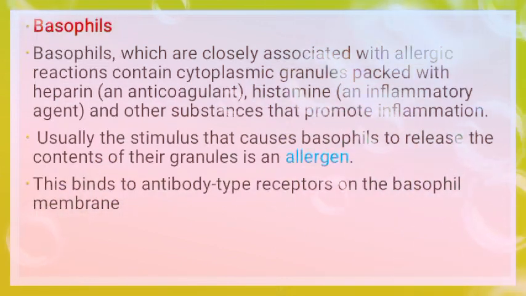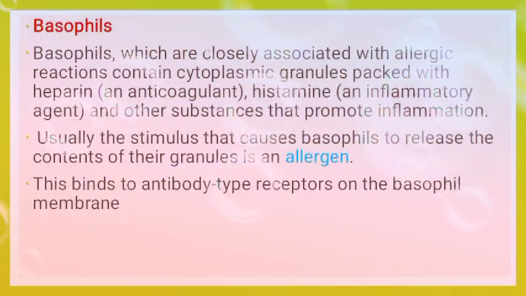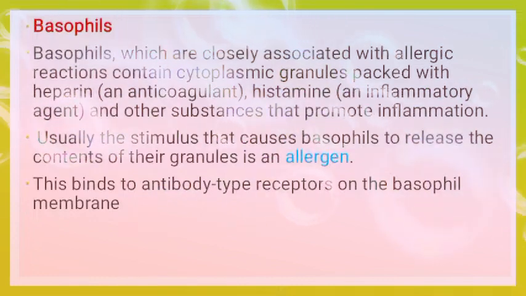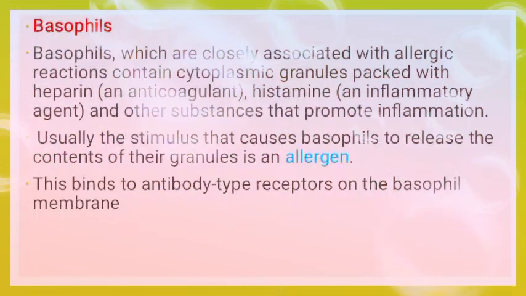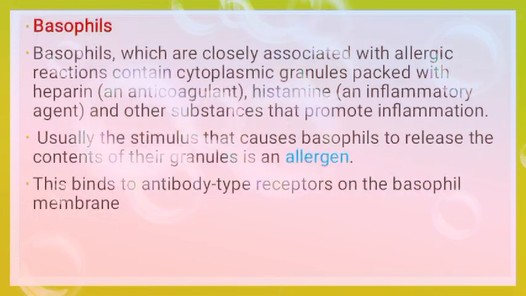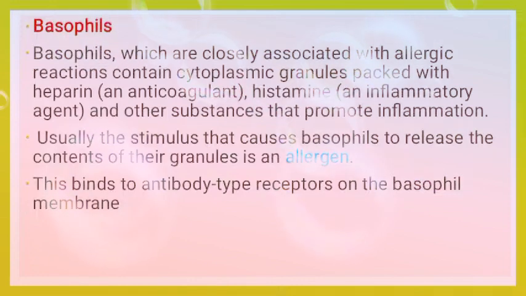It prevents the coagulation of blood, or blood clotting. They also have histamine, which initiates the inflammatory reaction, and other substances that promote inflammation. So these are found within the basophils and hence they are essential in allergic reactions.